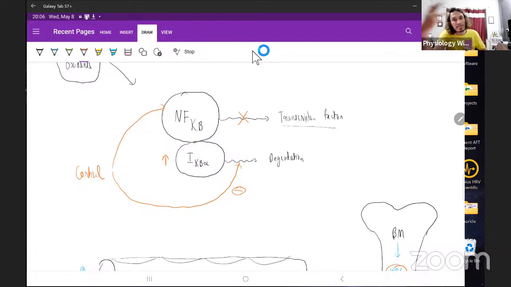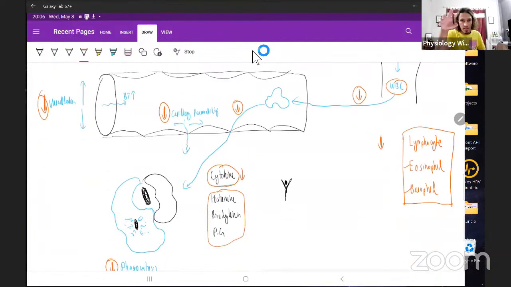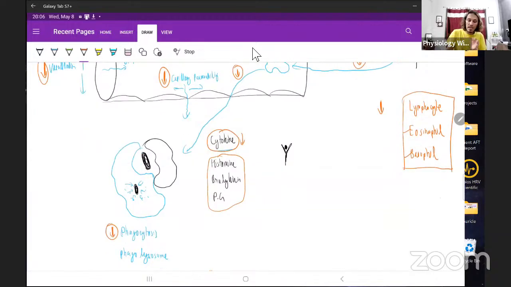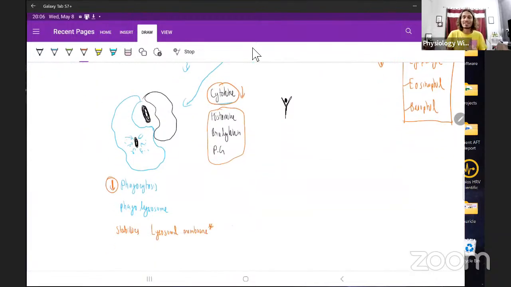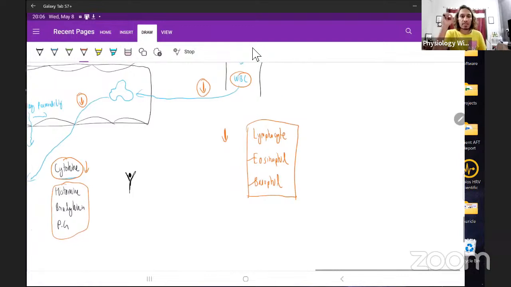Also, it attaches to one component of NF-kappa B to again decrease the activity. Cytokines, histamine, bradykinin, and prostaglandins are reduced, because of which vasodilation does not take place, capillary permeability does not increase, migration of WBCs into the location of insult does not take place, phagocytosis is reduced, stabilization of lysosomal membrane is happening, and there is generally a decrease in the lymphocytes and basophils.